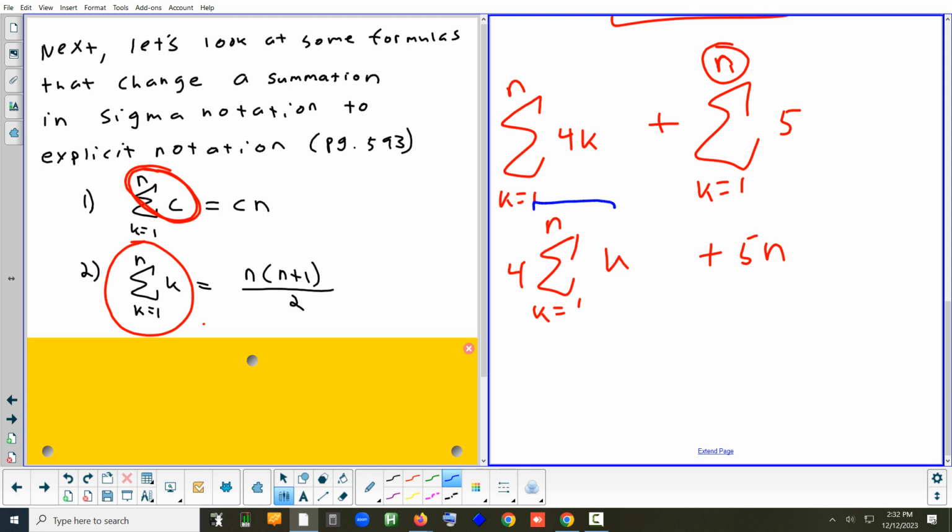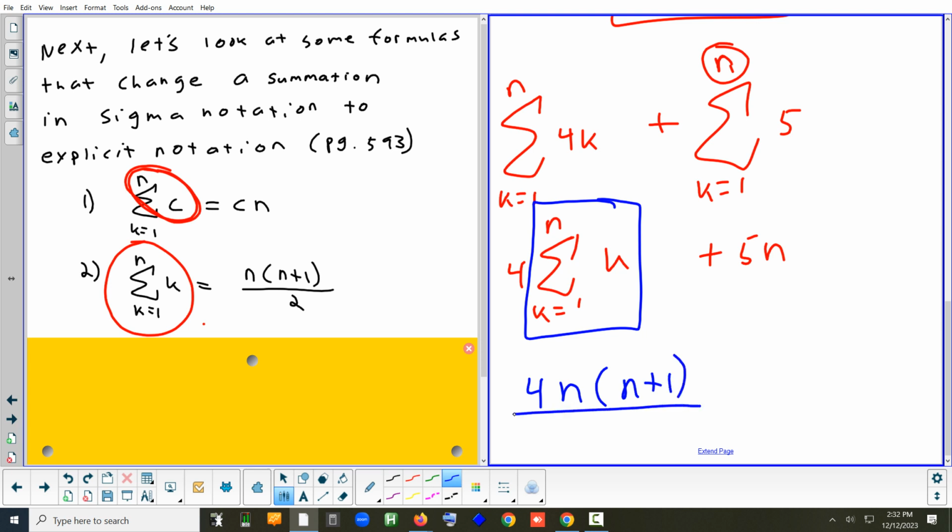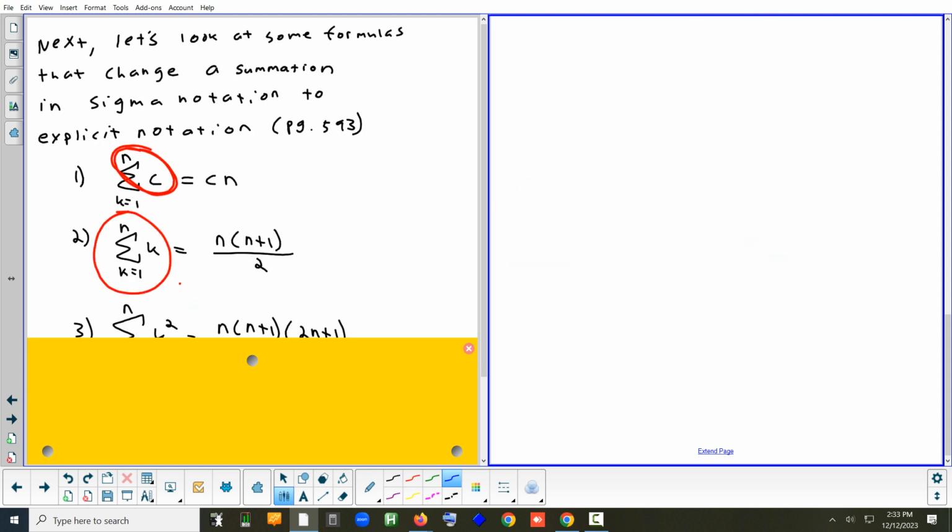What does this part turn into based on our formula? Yep. So what is that going to be? 4 times n plus 1 divided by 2 plus, what do I still have right here? 5n. Yep.